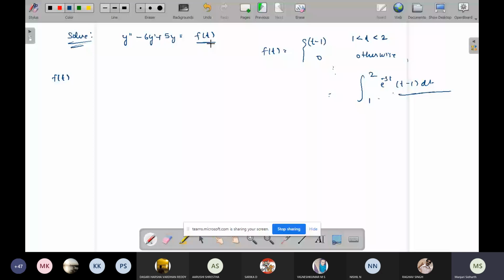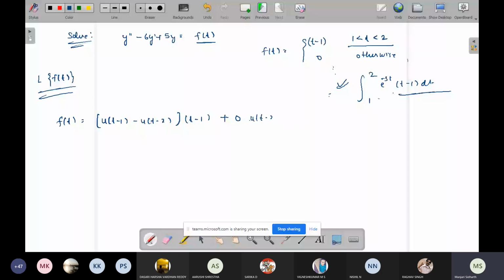So either you can use the definition or you can write ft as u of t minus 1 minus u of t minus 2, multiplied by t minus 1, then 0 for t greater than 2, with u of t minus 2, like that.